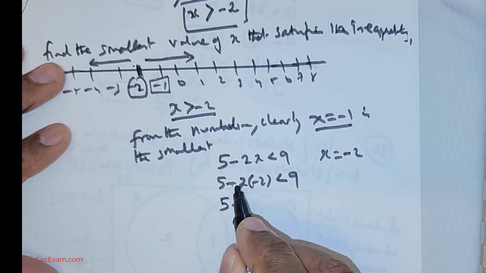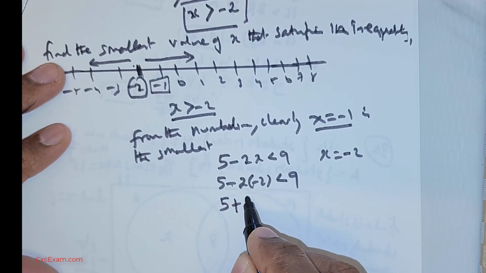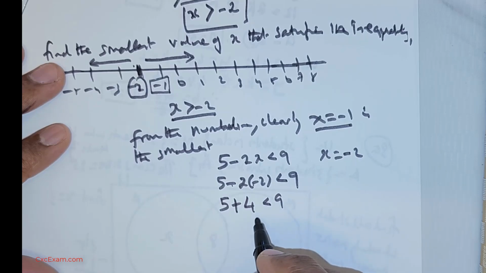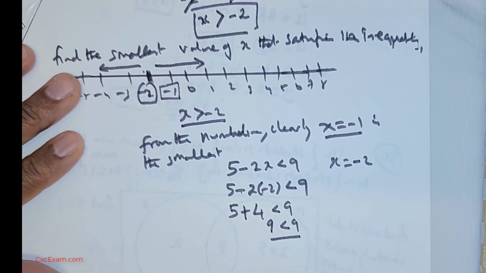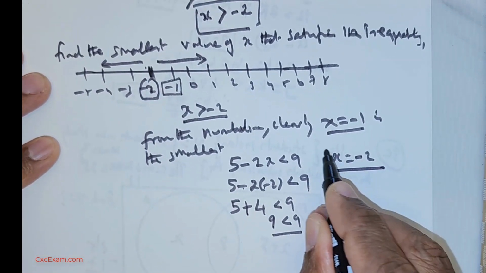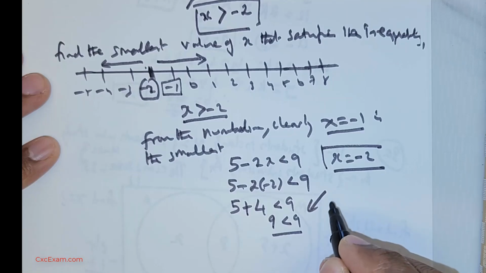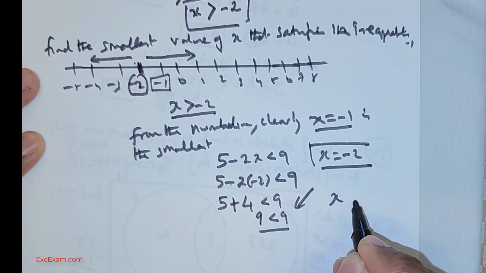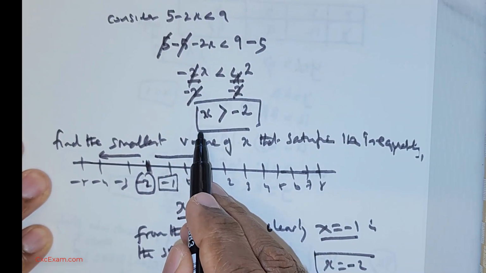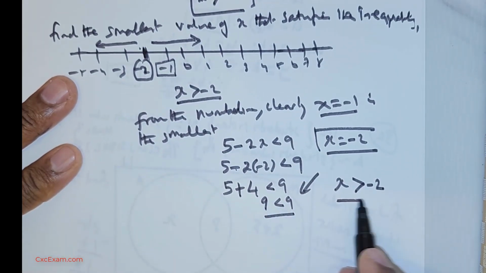Now negative times negative is positive, 2 times 2 is 4, and you have 9 < 9. So this means x = −2 does not actually satisfy the inequality. So the value of x should be greater than negative 2.